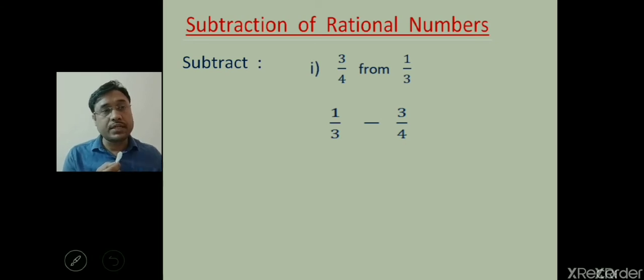Now we will take the LCM of the denominators present here. The denominators are 3 and 4, and the LCM of 3 and 4 is 12, so we will write that downside first.